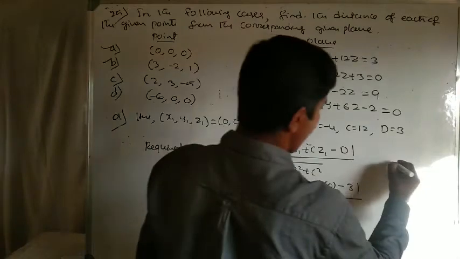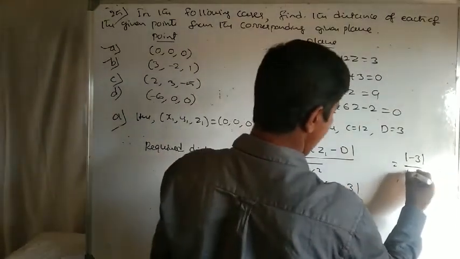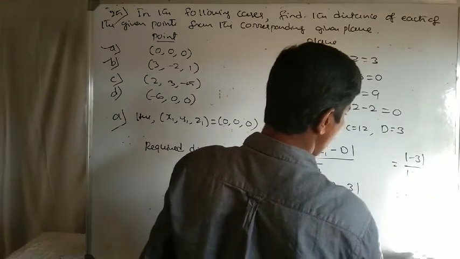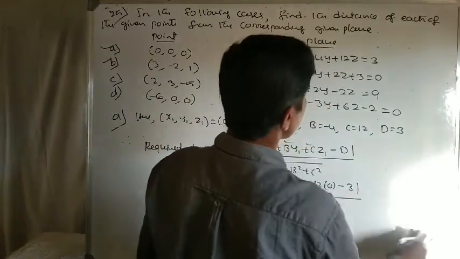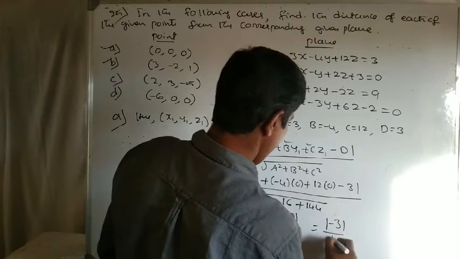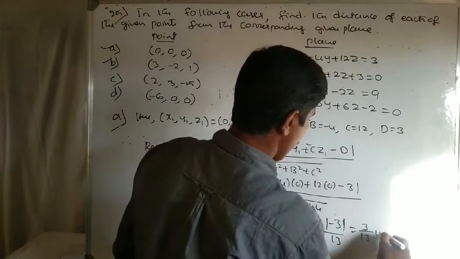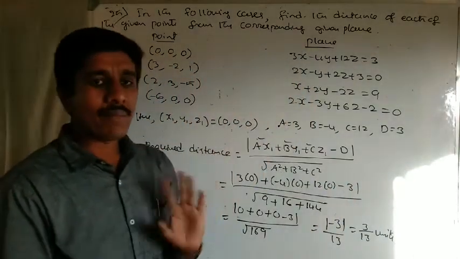Modulus of minus 3 divided by root of 169, which is 13. So modulus of minus 3 by 13 is 3 by 13 units. This is the required distance from the point to the plane.